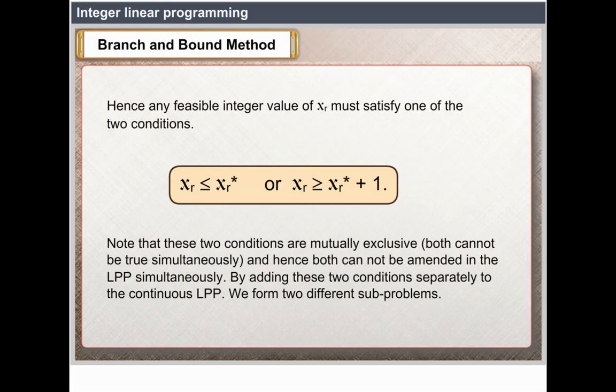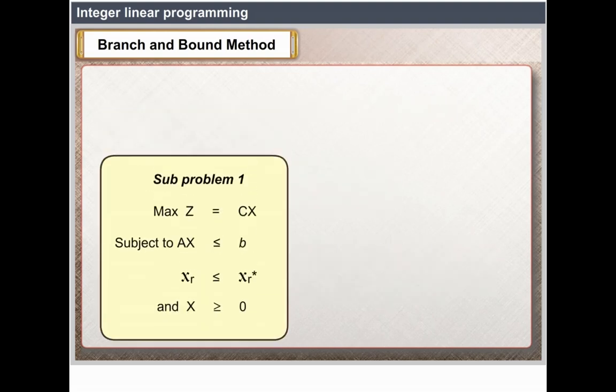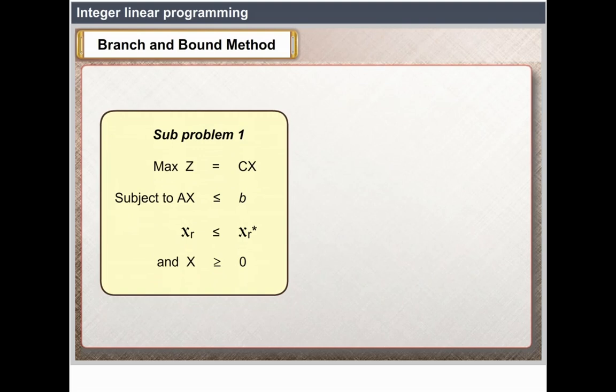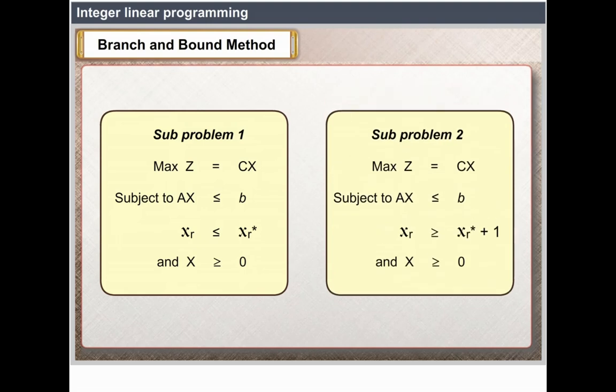By adding these two conditions separately to the continuous LPP, we form two different subproblems. Subproblem 1. Maximize z equal to Cx subject to Ax less than or equal to b, xr less than or equal to xr star and x greater than or equal to 0. Then subproblem 2. Maximize z equal to Cx subject to Ax less than or equal to b, xr greater than or equal to xr star plus 1 and x greater than or equal to 0.